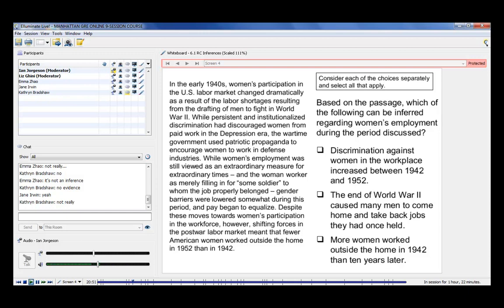If you feel it's possible to infer this, I want you to type out for me where you have evidence in the passage that allows you to draw that inference. If you don't think it's inferable, tell me it's wrong and tell me why. So we'll get all three of you guys typing at the same time. So Emma's got the first one, Jane the second, Catherine the third.